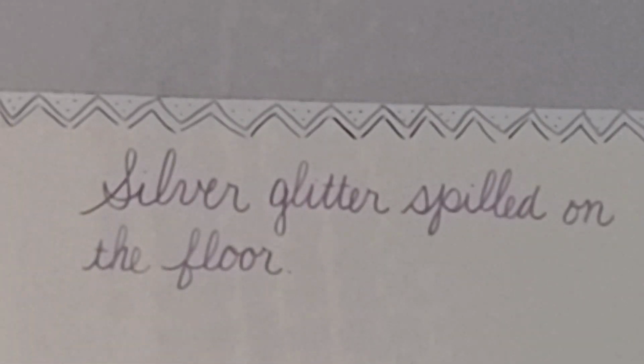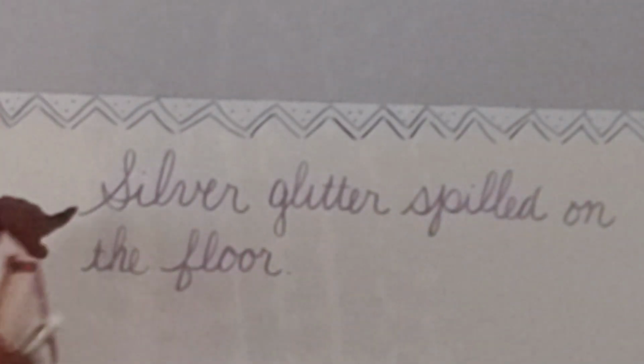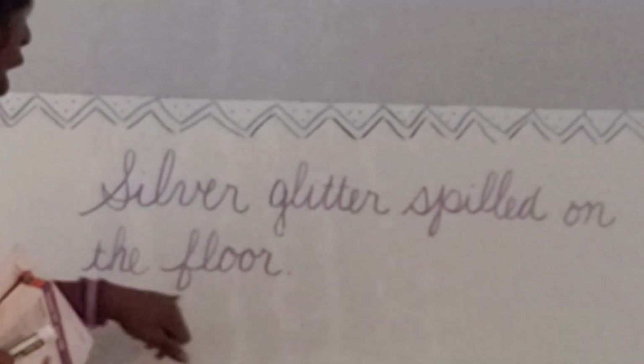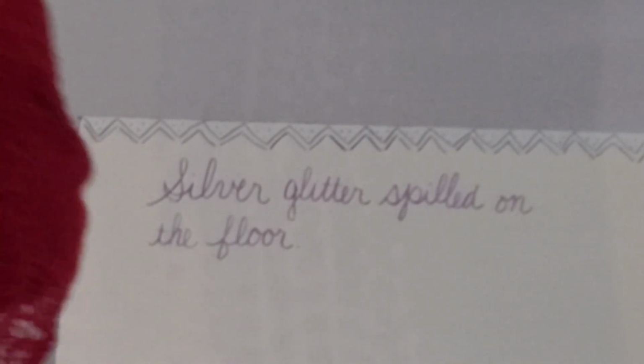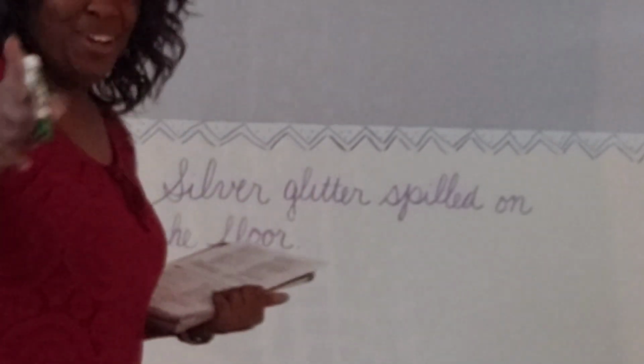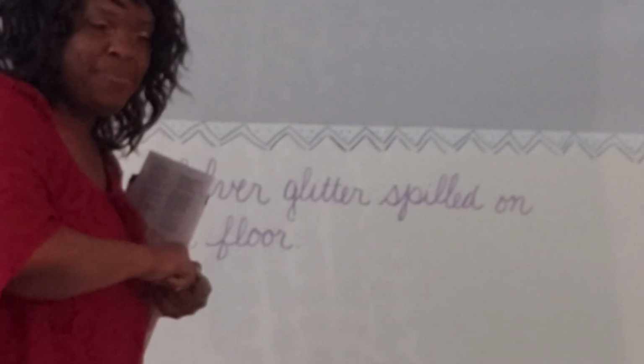All right, look at the sentence that we have on my board. It says, silver glitter spilled on the floor, okay? And so we know that when we're looking at sentences, the first thing that we need to do is find our verb. Very good. So what is our verb in this sentence?